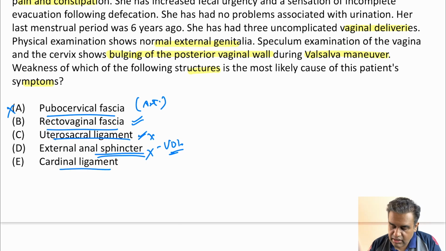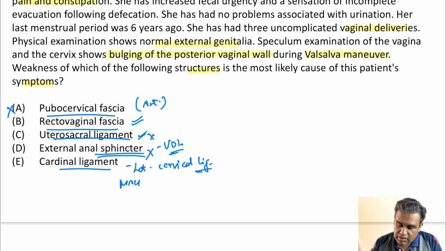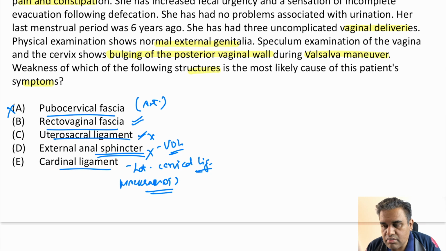The cardinal ligament is a lateral cervical ligament, again an important support of the uterus, but it is present laterally, also known as Mackenrodt's ligament. So with all of this, we understood that it's a case of rectocele through bulging or weakness in the posterior vaginal wall. Now there are various stages of it.